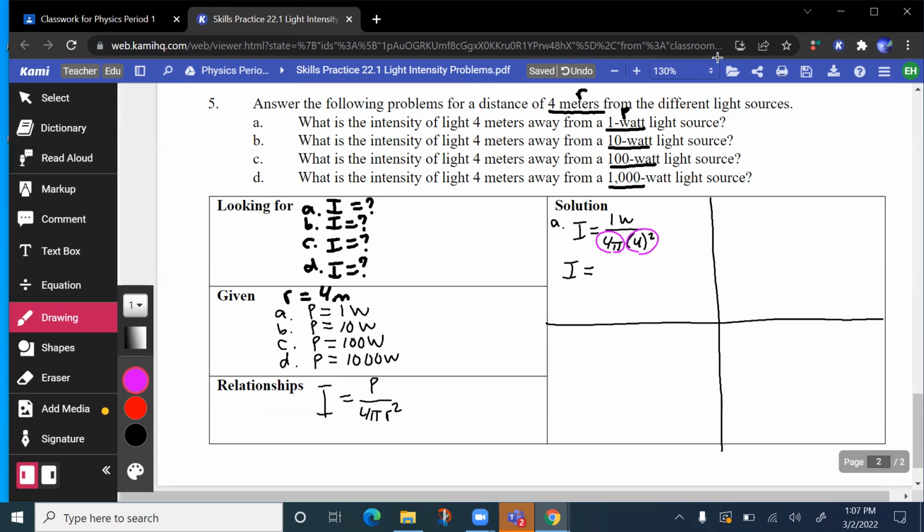Okay, and so we're going to get 1 watt divided by 201.06 square meters.